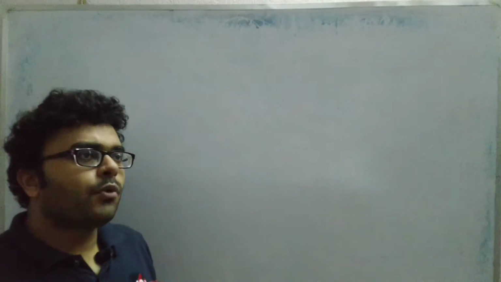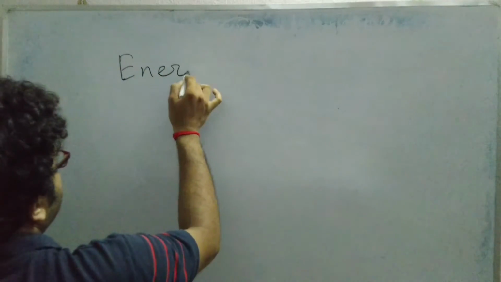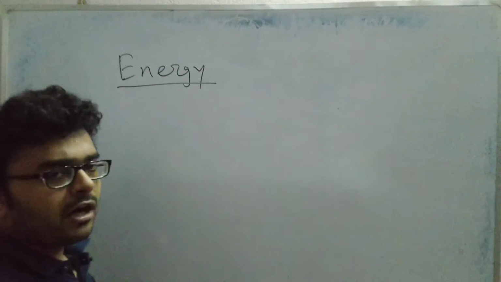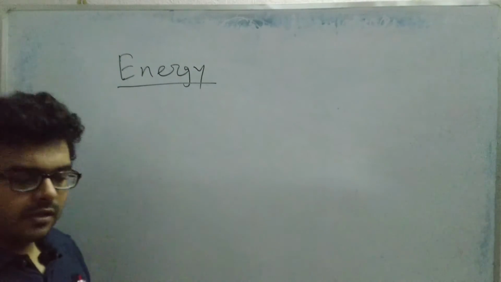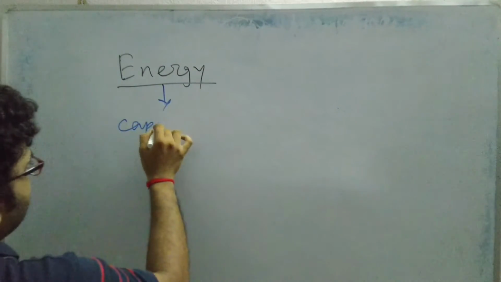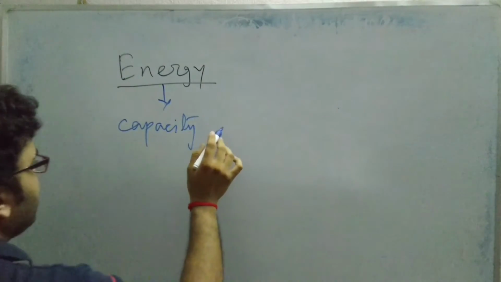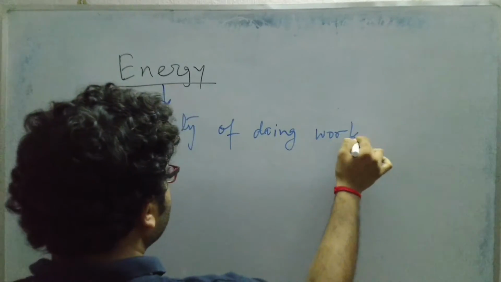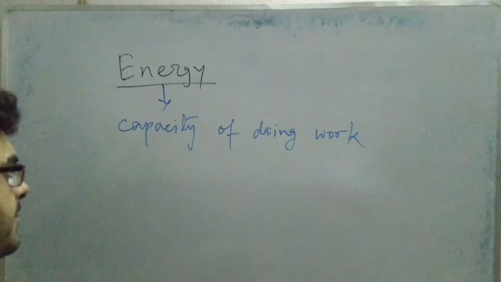So in physics, work and energy are two physical quantities that have the same meaning. Our next topic is energy. How can you define energy in a single line? Energy can be defined as the capacity of doing work. Energy is nothing but the capacity of doing work.